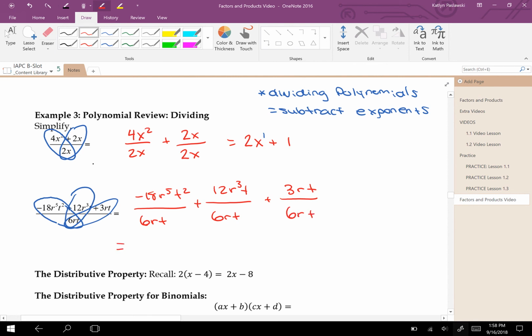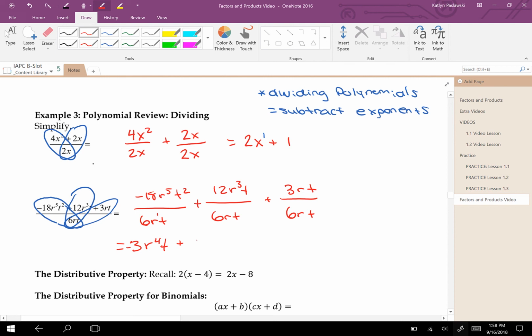So what does this equal? Negative 18 divided by 6 would give us negative 3. Now looking at the r's, we have r to the power of 5 and r to the power of 1. So 5 minus 1 would give us r to the power of 4. And we have t squared divided by t would give us t.